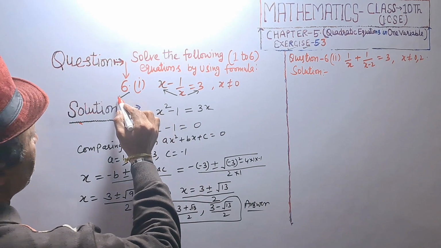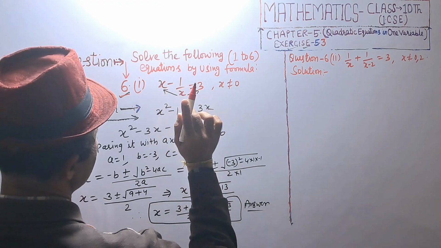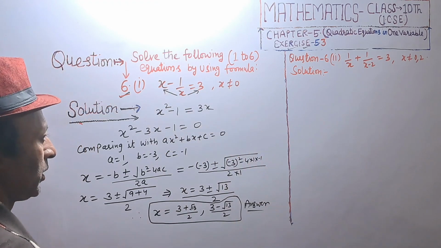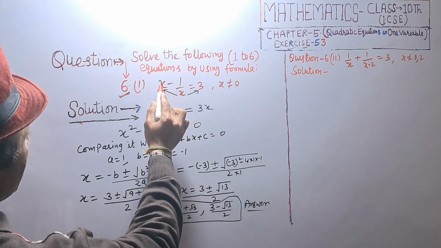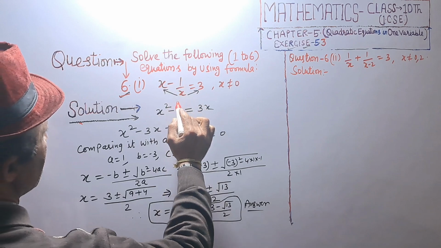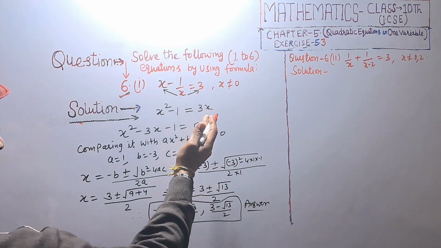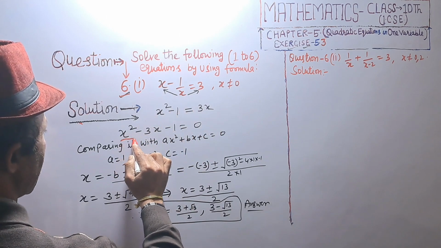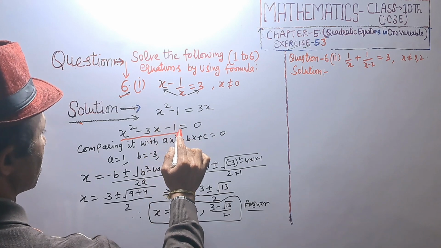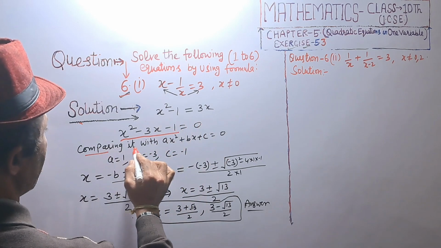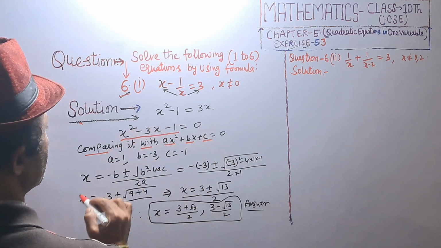Answer. We have given equation x minus 1 upon x equal to 3 where x is not equal to 0, and we are cross multiplying x into x, that is x square minus 1 equal to 3 into x, 3x, and 3x is shifting left side. It will be quadratic equation x square minus 3x minus 1 equal to 0, and we are comparing this with ax square plus bx plus c equal to 0.